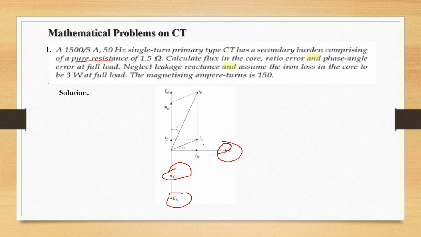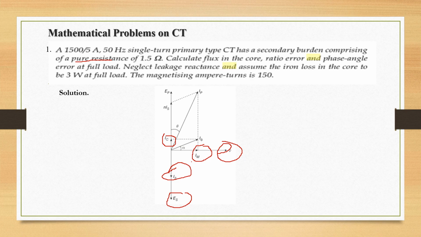This is the magnetizing current component, and this is IC, the core component, that is 90-degree displaced from the magnetizing component, and from there we will get the resultant value, that is the no load current.